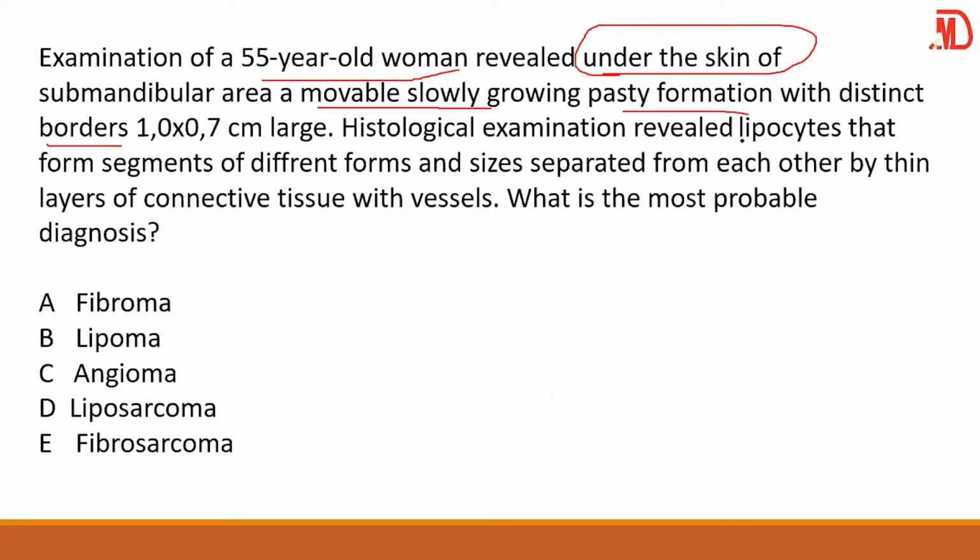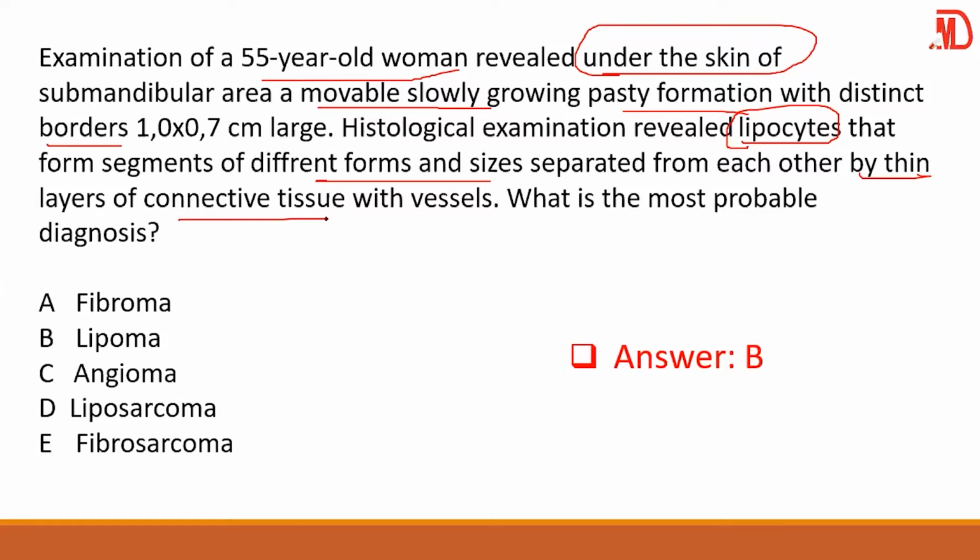Histologically, there are lipocytes, that means lipids, that form segments of different forms and sizes, separated from each other by a thin layer of connective tissue with vessels. What is it? Definitely, you are thinking of a benign tumor of fat tissue. So your answer is lipoma.